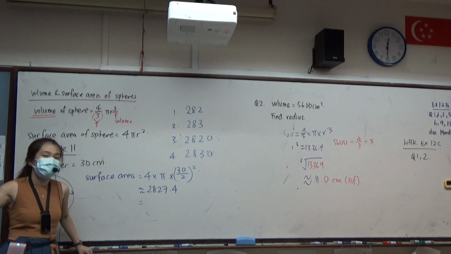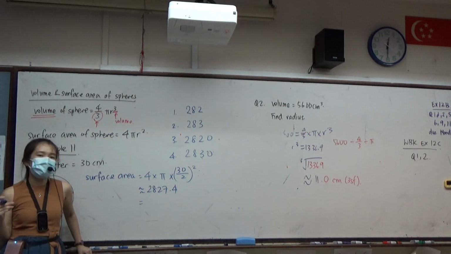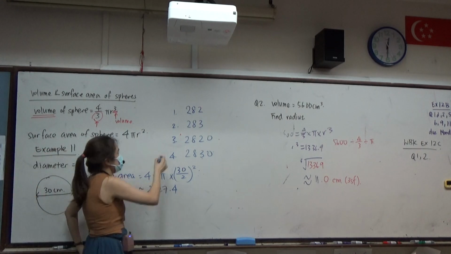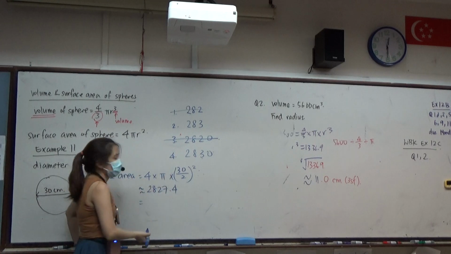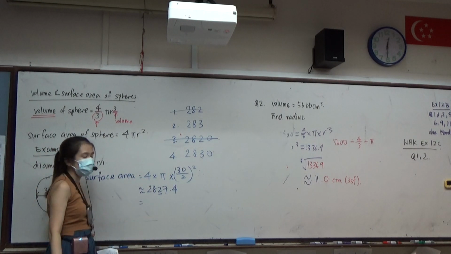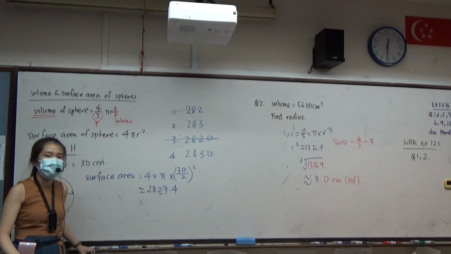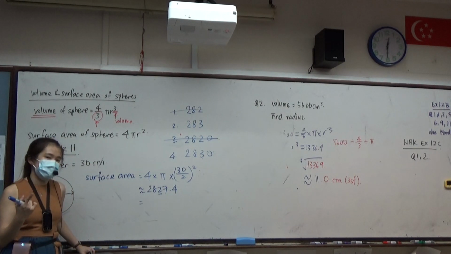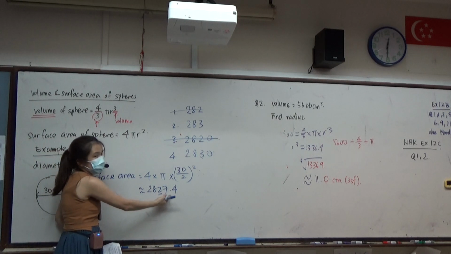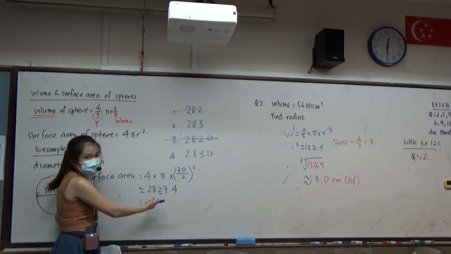Okay, so options 1 and 2 cannot be the case, right? Because we count the third significant figure, which is 2, and beside it is 7, so we need to round up. So it should be 283 at least. But this is 2827.4, which is 2000 something.